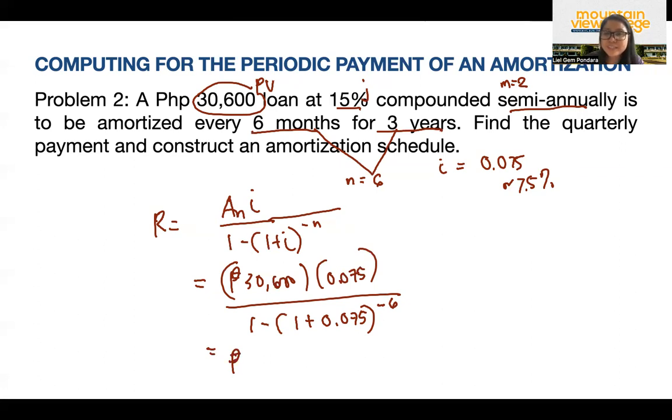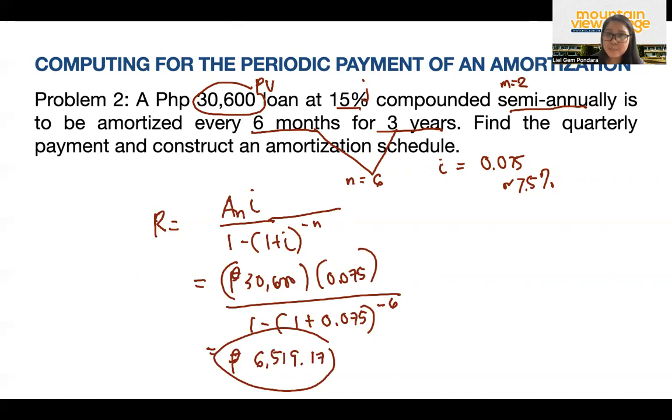How much is the payment? 6,519.17. Very good. So this must be the amount to be paid every period.